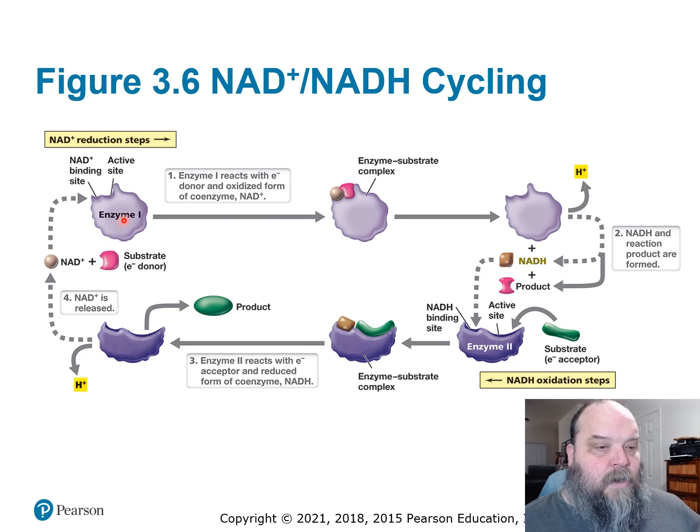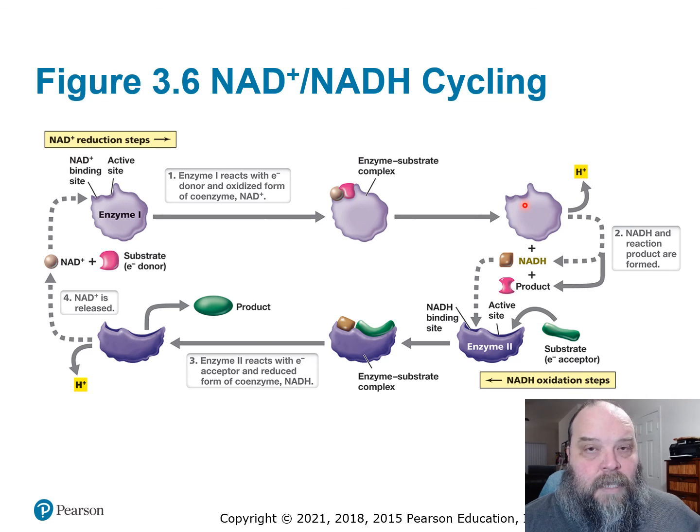And as we see it here, enzyme 1, right here, NAD has to be in there along with the substrate in the active site. In the process of being there, as the substrate is turned into a product, the enzyme's doing its cut, paste, twist, tweak, whatever it does.